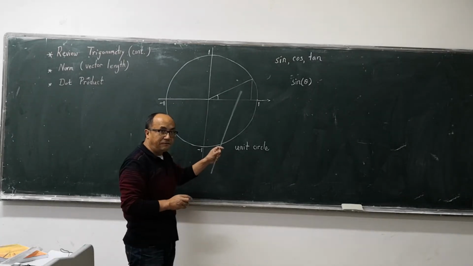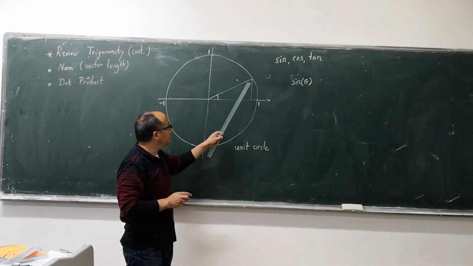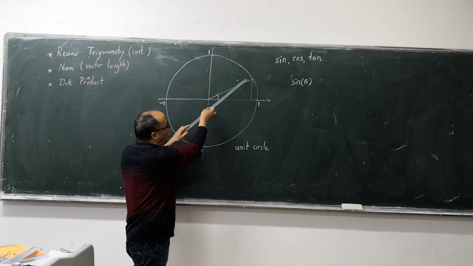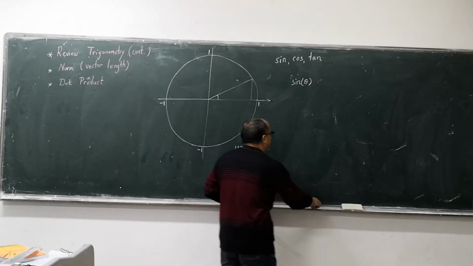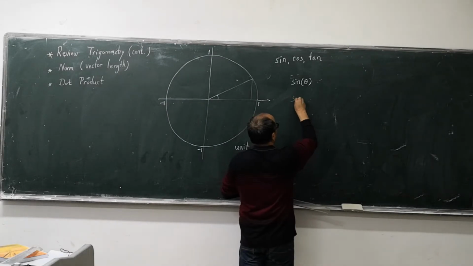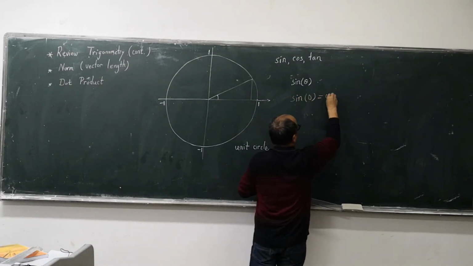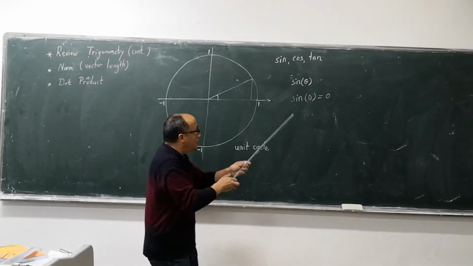If you know this, then you will understand why sine 0 is 0.